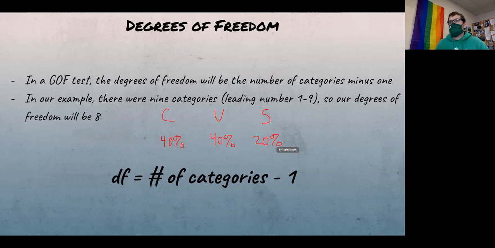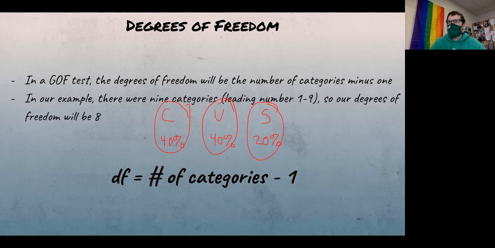That's my claimed distribution. And then I took a sample of people, 100 people, and it broke down a certain way. Now my number of categories for this data set is going to be 3. So my degrees of freedom will be 2. So with our first example, there were 9 categories, so we had 8 degrees of freedom. Now in a different situation altogether, I have 3 categories, so 2 degrees of freedom.